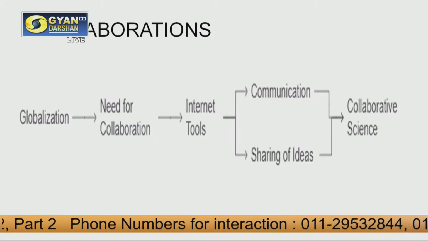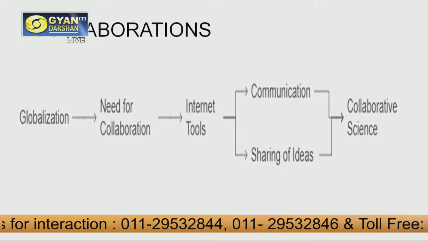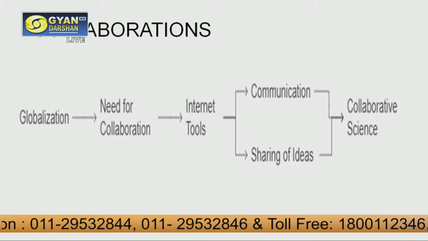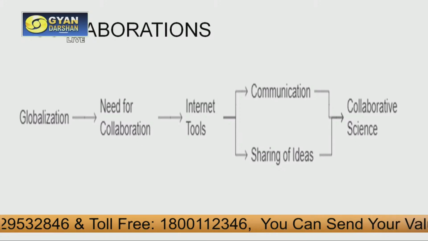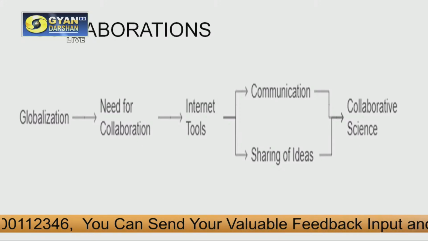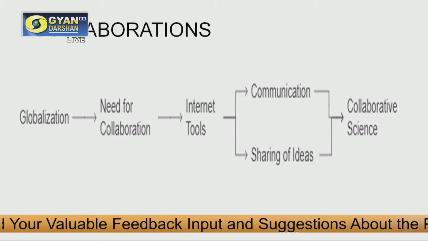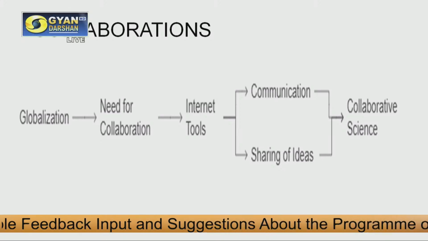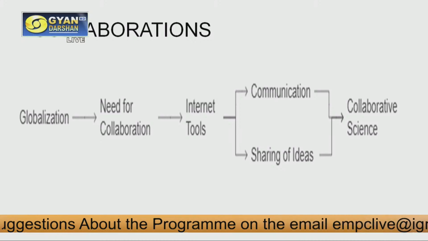At present, because of globalization, there is a significant need for collaborative systems, because resources are distributed across the globe. In order to utilize the resources effectively we need to connect, and in order to connect we need communication, and we also need to share ideas.